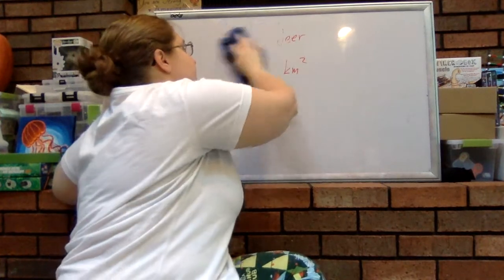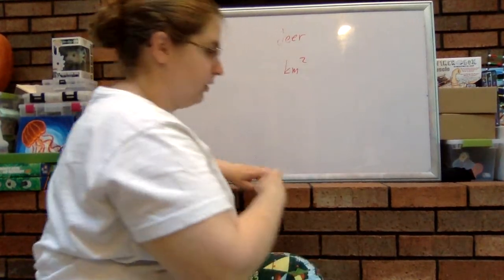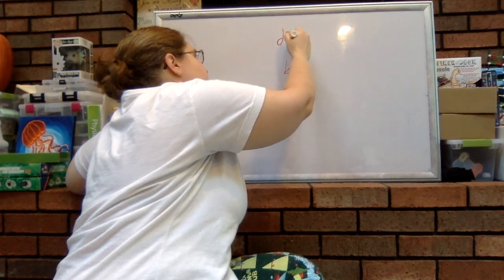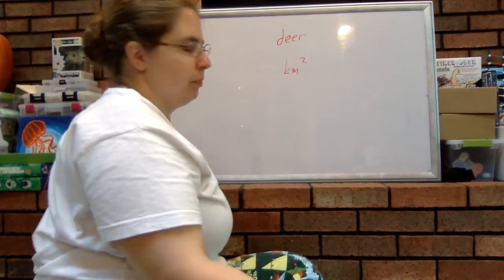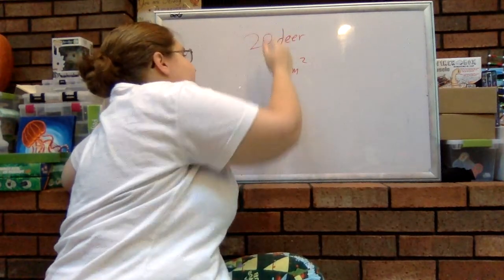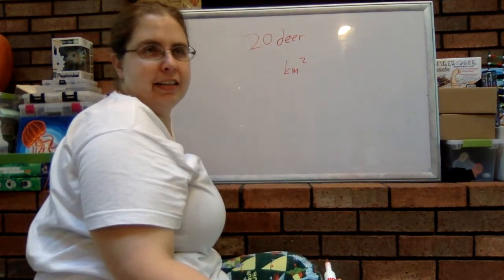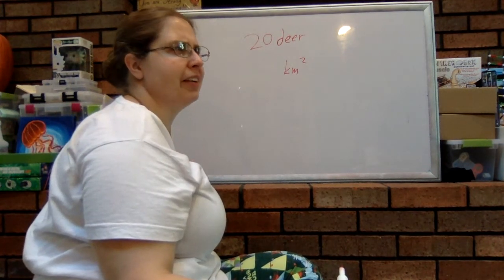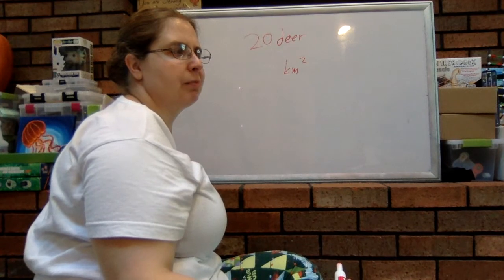Let's do another one. We're still looking at deer. Let's say we have 20 deer in an area that is actually 15 kilometers squared, which is a really big area for 10 deer. I probably meant to put 1.5.